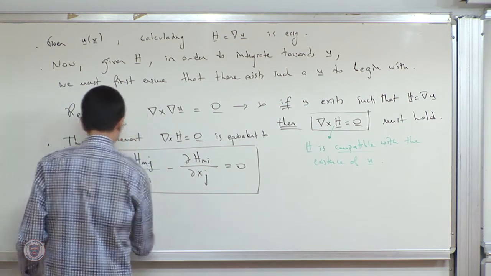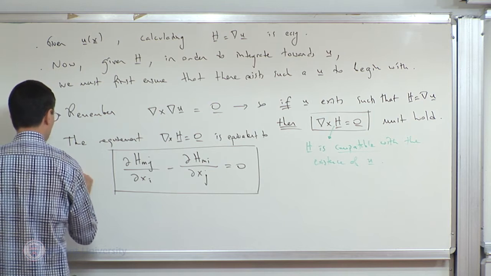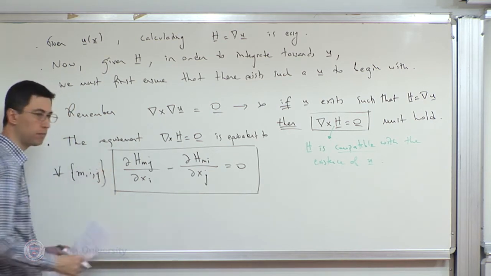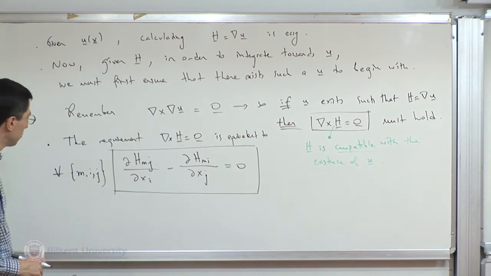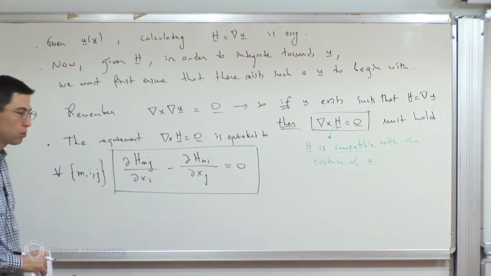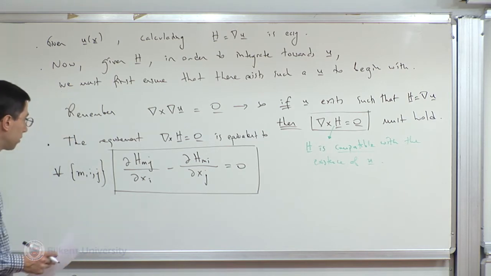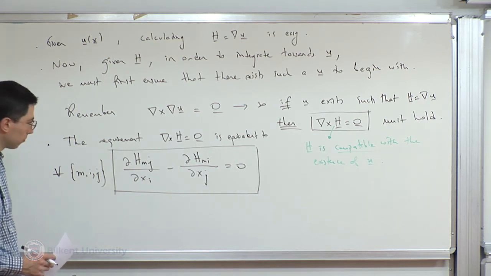And this must hold for every choice of the indices m, i, j, which could be 1, 2, or 3, and for any possible choice, this has to vanish.